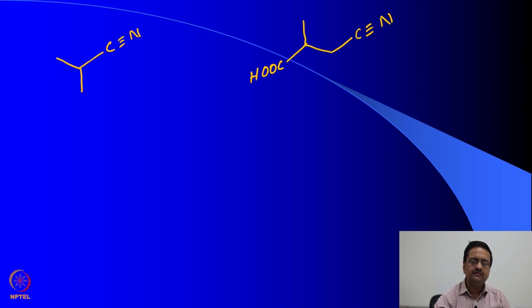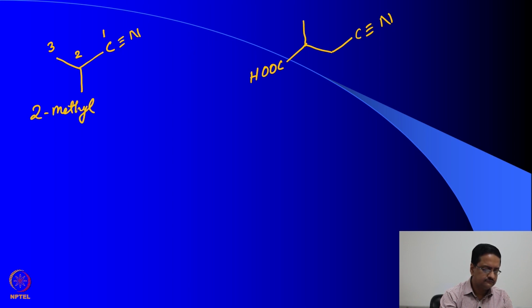So, in the first case, the numbering should be like 1, 2 and 3, and we write it as 2-methylpropanenitrile. Because here the cyanide is the only functional group, so we write it as nitrile.